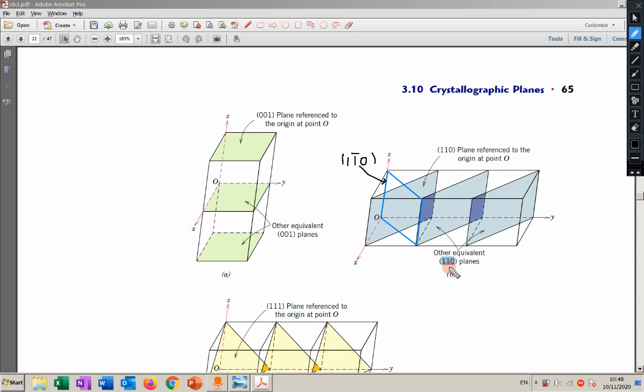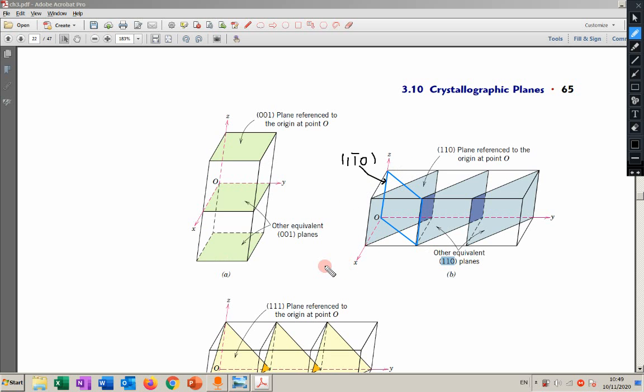So the two terms that we need for the next topic, X-ray diffraction, are equivalent planes, the same plane, and family of planes.